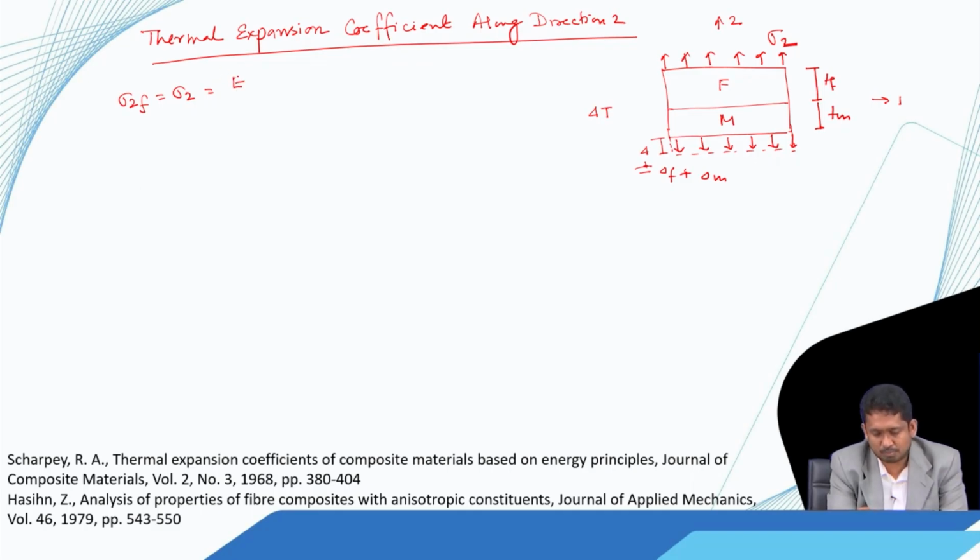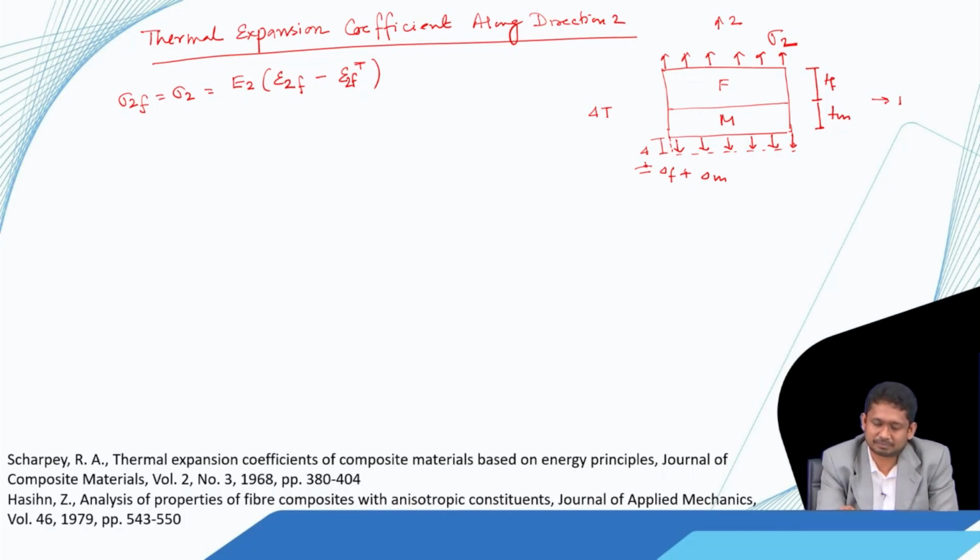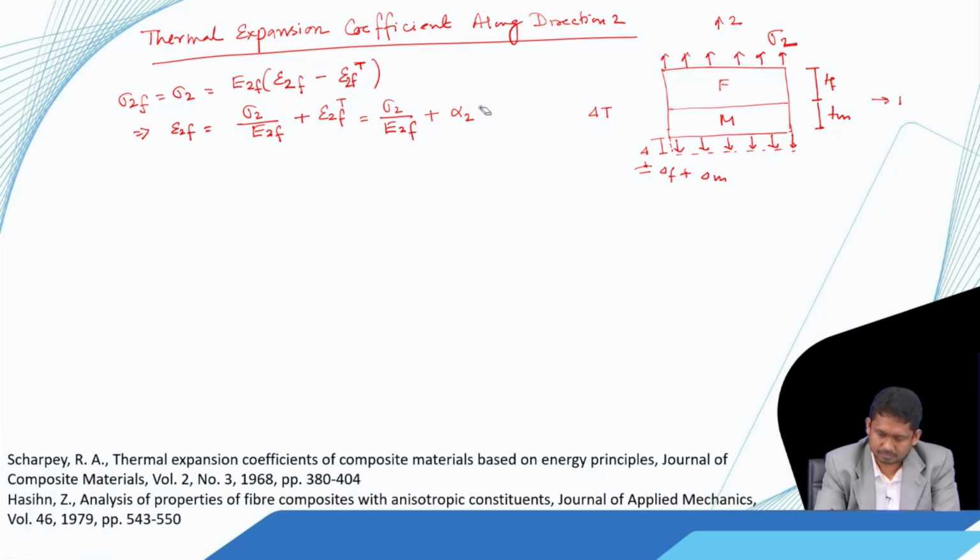So we can write sigma 2 as E2F multiplied by epsilon 2 F minus epsilon 2 F superscript T, the free thermal strain. Then epsilon 2 F is equal to sigma 2 divided by E2F plus epsilon 2 F superscript T, which is sigma 2 by E2F plus alpha 2F into delta T.